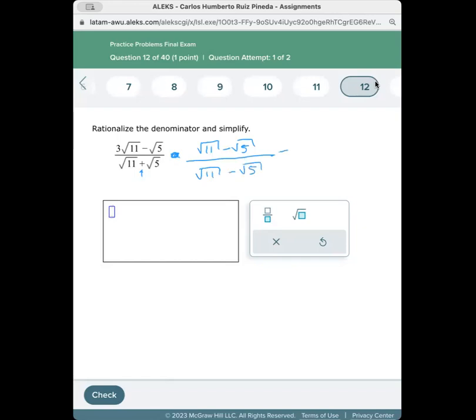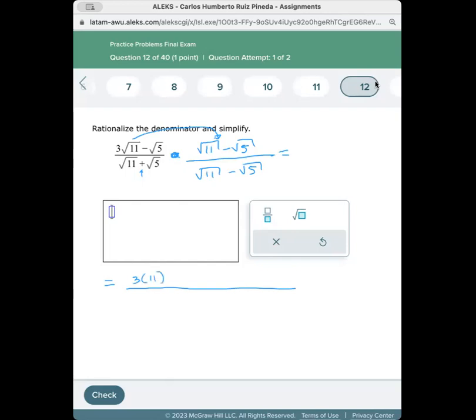In the numerator, let me write it over here. We are going to have 3 square root of 11 times square root of 11, which is 3 times 11.